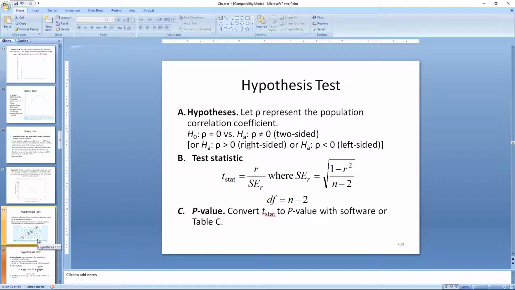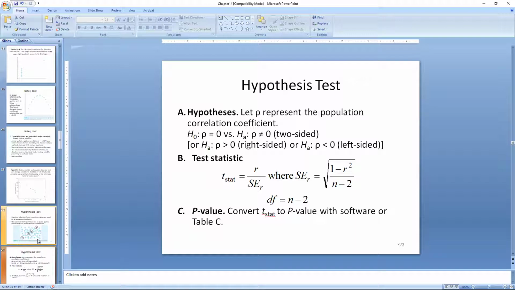We're going to have our null hypothesis state a difference of nothing. So we'll have rho equals 0 versus alternative hypothesis of rho not equal to 0, which is two-sided. Or you can have a right-sided or left-sided hypothesis test based on the greater than or less than symbol.